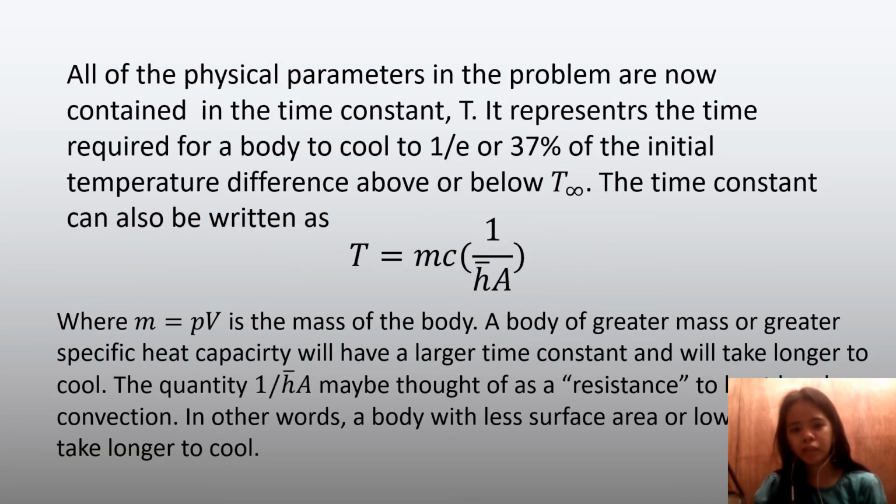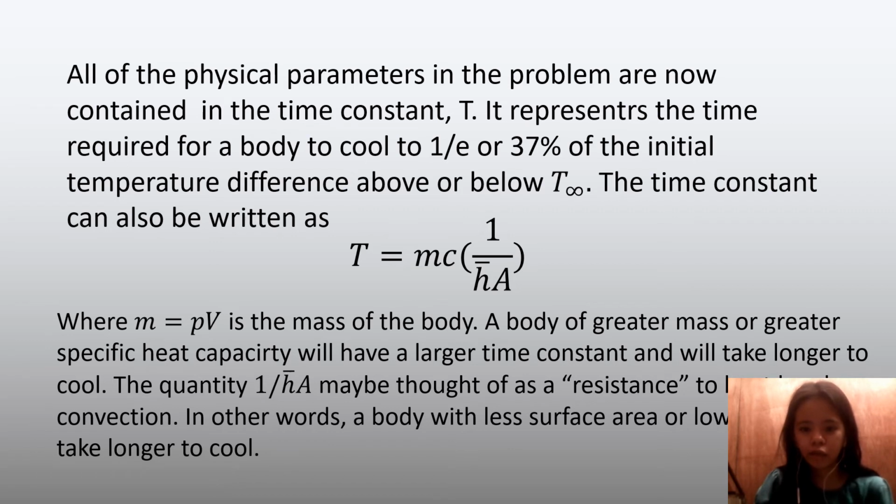All of the physical parameters in the problem are now contained in this time constant tau. It represents the time required for the body to cool to 1 over e, or 37%, of the initial temperature difference above or below T infinity. The time constant can also be written as tau equals m c times 1 over h A, where m equals rho V is the mass of the body.